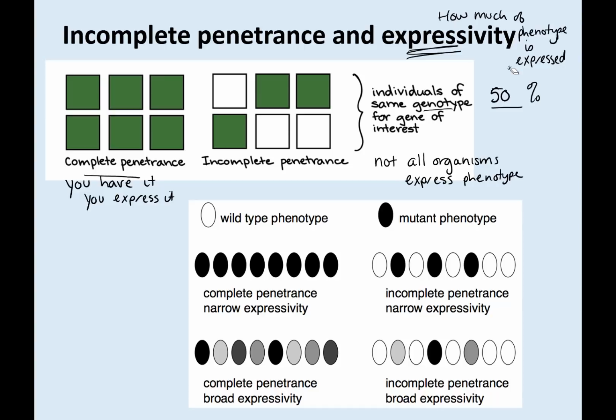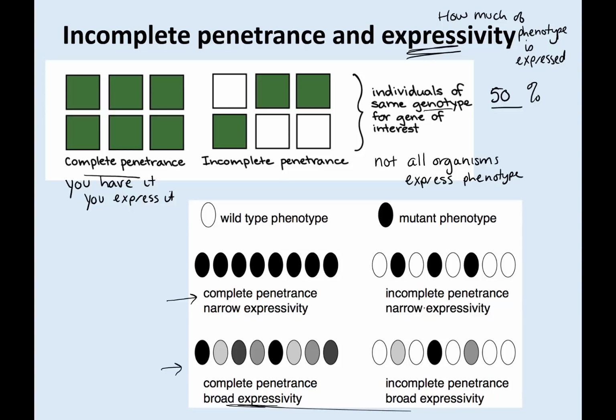Okay, so that's shown down here, where here you have complete penetrance, narrow expressivity. So everybody that has it shows it, and they all look the same. You can have complete penetrance with broad expressivity, which means everybody that has it shows it, but how they show it is different.